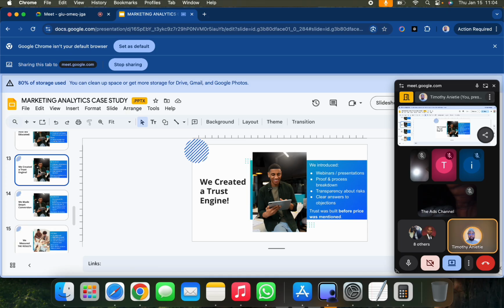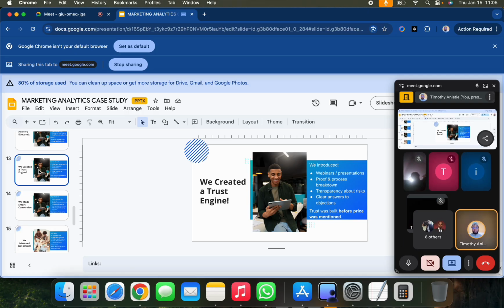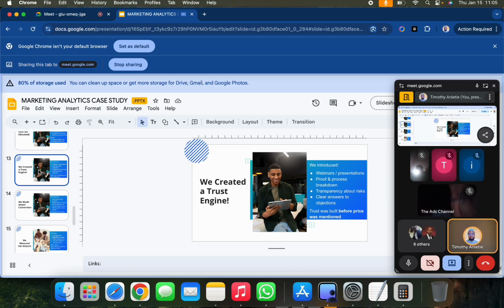So we created a trust engine. The trust engine here was our system of conversion. The first thing was that the moment they submitted their lead, we have a pre-recorded webinar. The pre-recorded webinar helped them to watch the entire process of how they can invest from their location abroad in Nigeria without burning their fingers. We analyzed the property documents that they must ask of the particular company they are buying from.